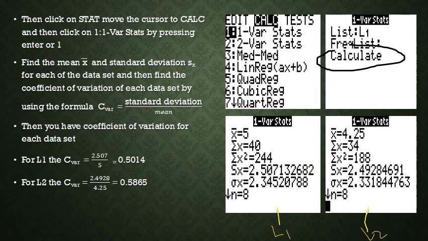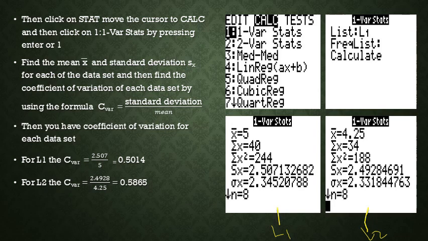Then you find the coefficient of variation by using the formula as we said, standard deviation over mean. For L1, the standard deviation is 2.507, which is what's here, and the mean is 5. Using your calculator, you find the coefficient of variation is 0.5014, and you do the same thing for L2.